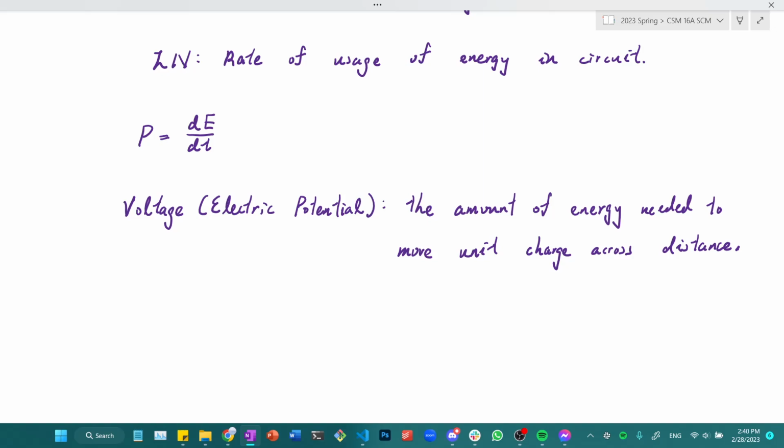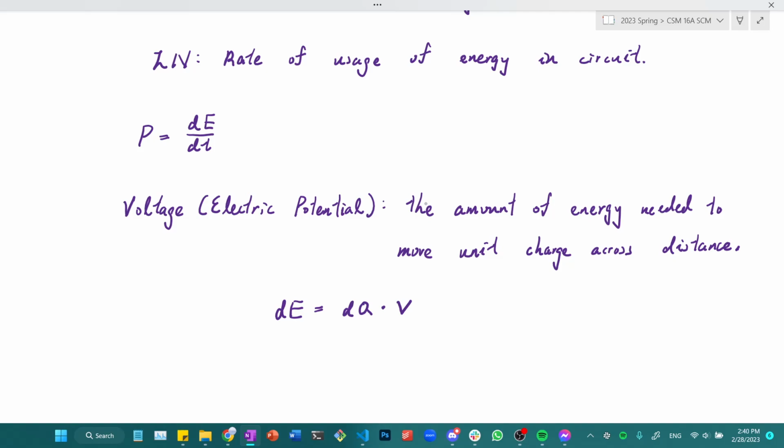So electric potential, or voltage, is the amount of energy needed to move 1 unit charge across a distance, which means I need a small amount of energy, dE, to move a charged particle by a specific distance. I'm multiplying the amount of charge I have, which is dq, a very small charge, with the energy needed per unit of charge to move across some distance, to equal the small amount of energy needed to move charged particles across a distance.